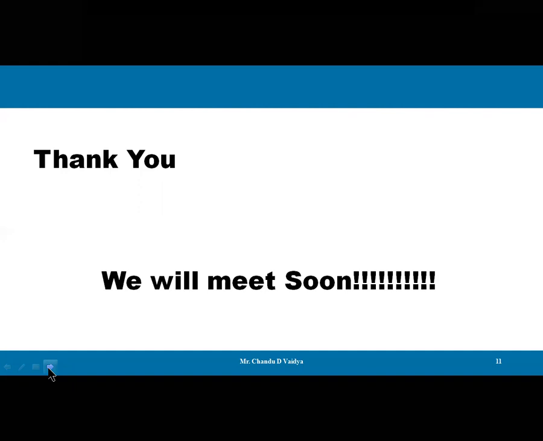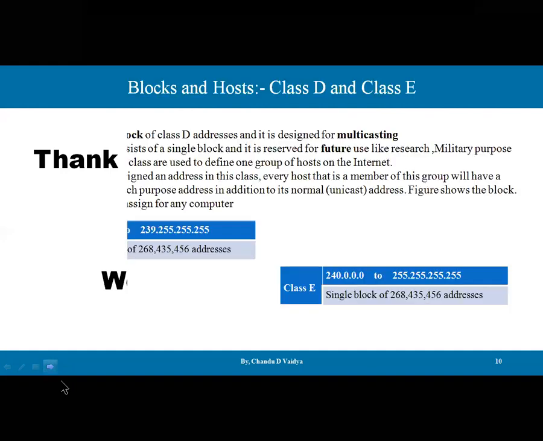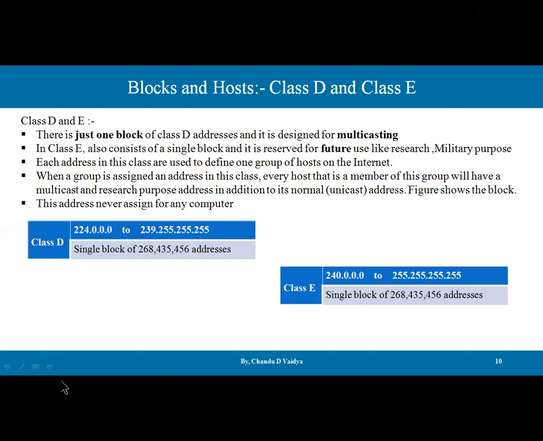Class D is used for reserved purposes. We have also discussed how many net IDs and host IDs are available, because in order to identify the network and the host, they have to be segregated on the basis of some value.